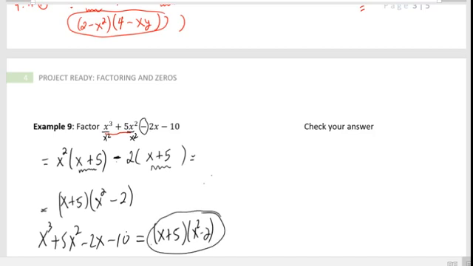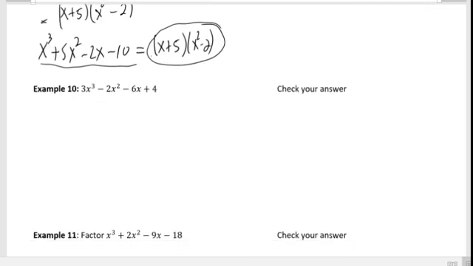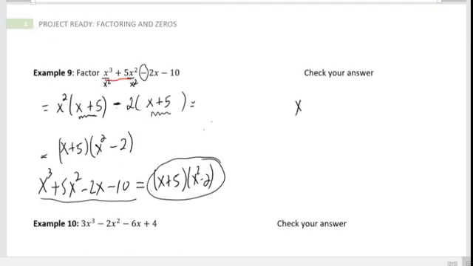So if you were to multiply this out, then you will end up with this on the left side. And so I'll let you check your answer. x plus 5 times x squared minus 2 will be equal to x cubed plus 5x squared minus 2x minus 10.